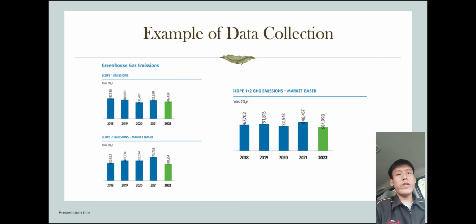Next, that is the greenhouse gas emission. The data is given for Scope 1 emission and Scope 2 emission, and the next data is Scope 1 plus 2 GHG emission market-based.